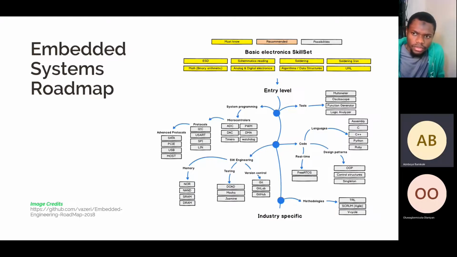You probably have an idea of those things already, and maybe you've also done courses on analog and digital electronics. Those are very important for every embedded systems person.